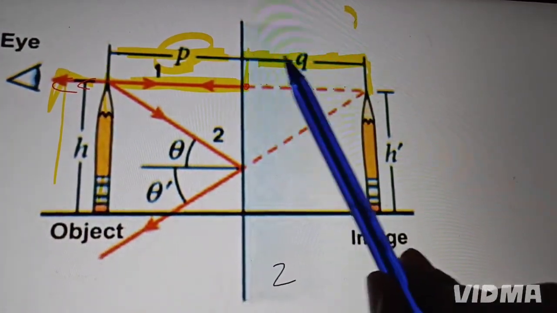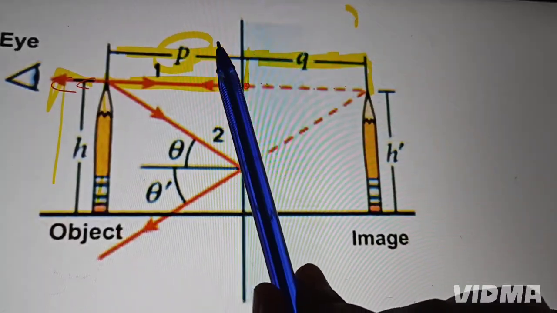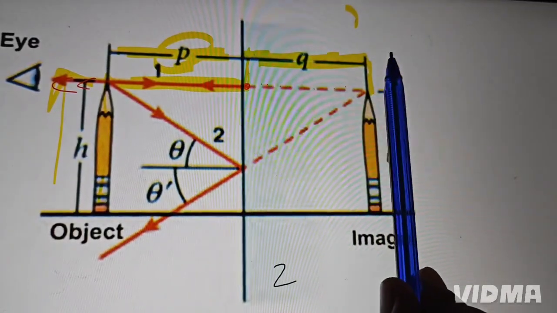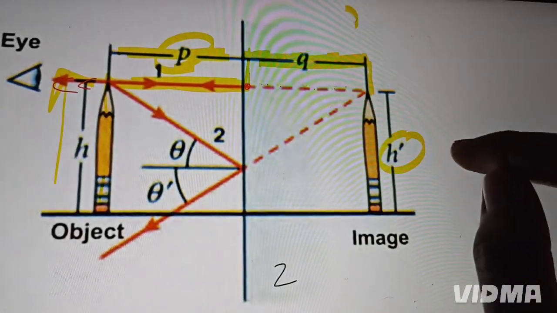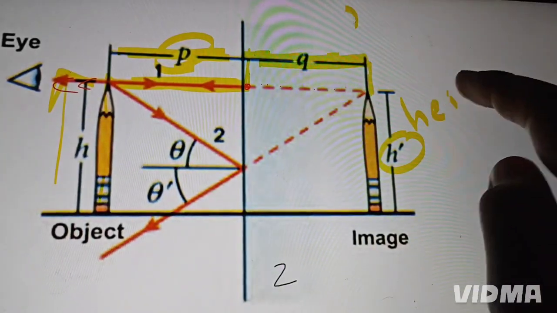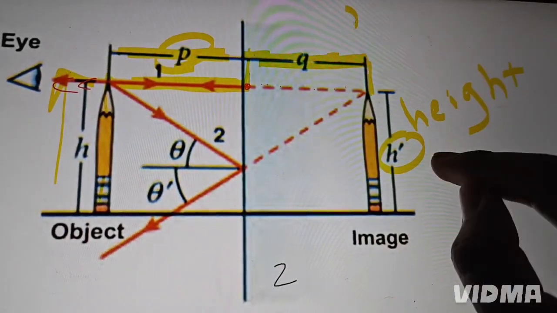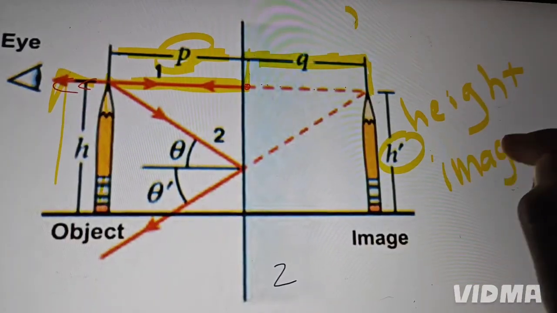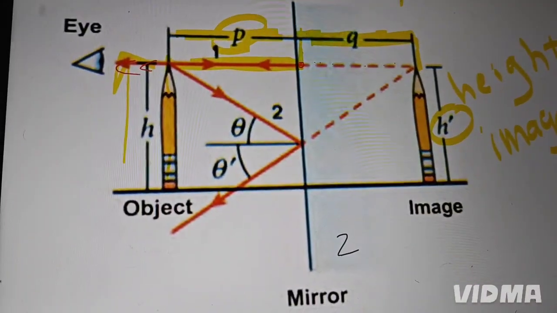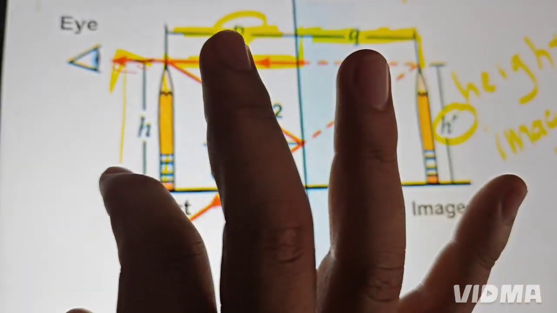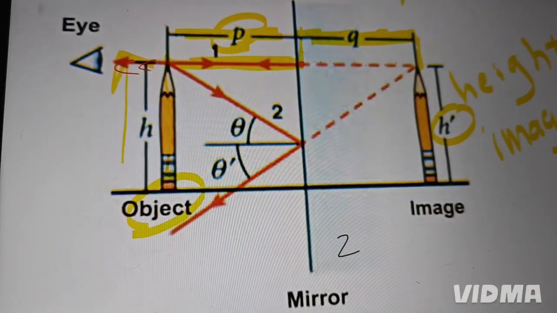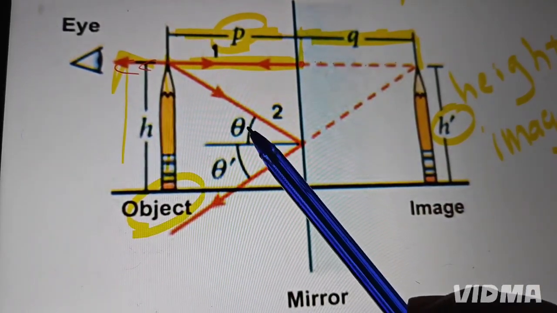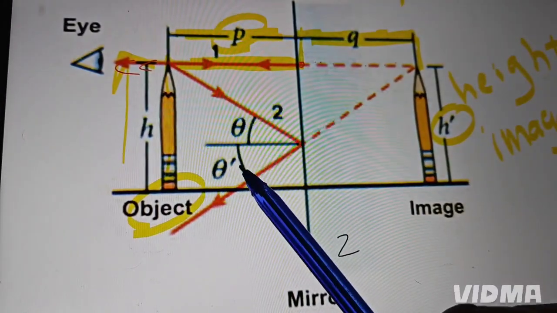And this H dash is the height of the image. But that one, the object, is the height of the object, H. And as we studied in the previous section, this is the angle of incidence, and this is the angle of reflection.